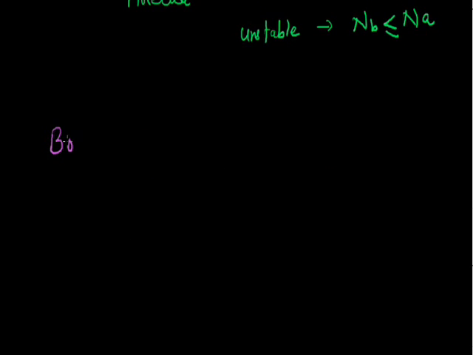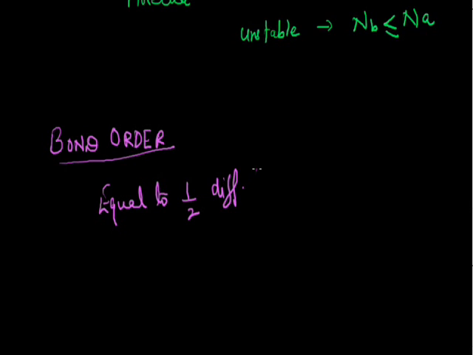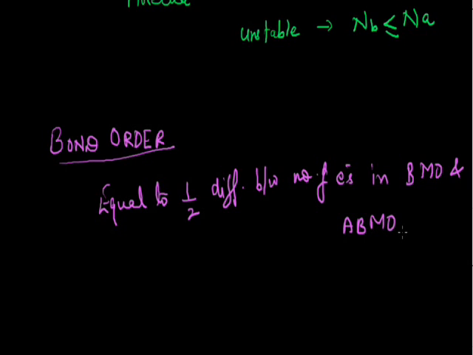One more concept is that of bond order. Bond order is equal to half the difference between the number of electrons in bonding molecular orbitals and anti-bonding molecular orbitals. That is, bond order is equal to half (N_B minus N_A).